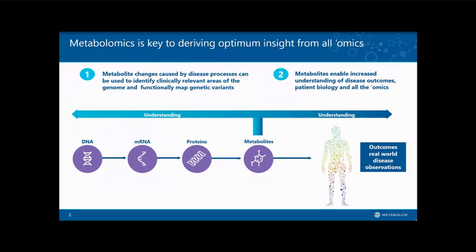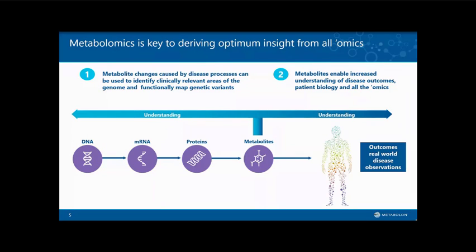But phenotype is a research abstraction, in that what we really want to understand is real-world outcomes. Metabolomics is the key to driving optimum insight from all these upstream omic modalities, as well as external factors such as exposure, microbiome, and lifestyle, to provide real-world outcomes for what's going on in an individual.